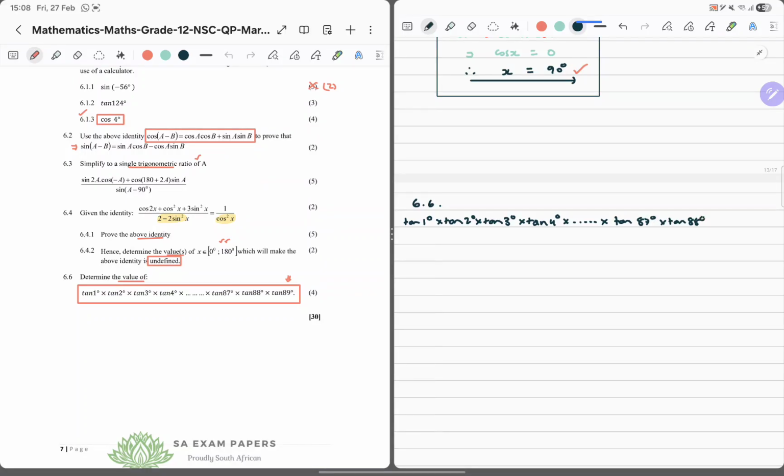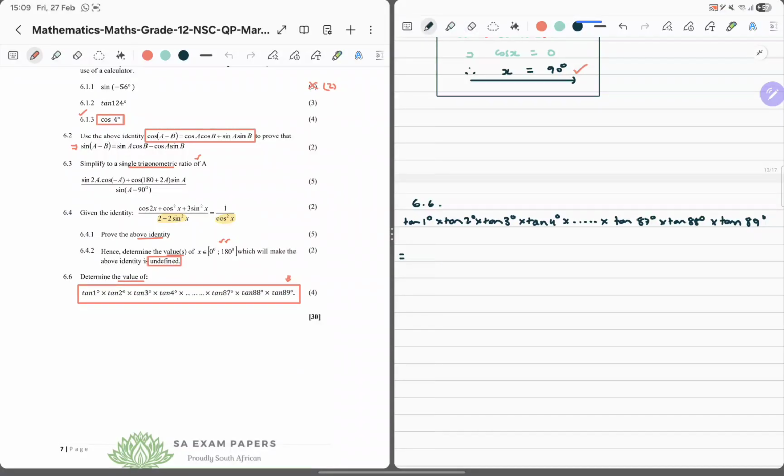So 87 times tan 88 times the tangent of 89. Okay, so this is cool. So what does this mean? This is the same as the tangent of 1 degree. Maybe let's do it this way.